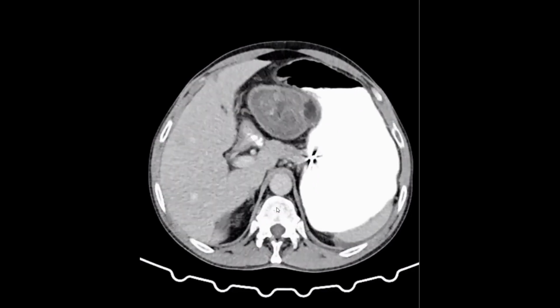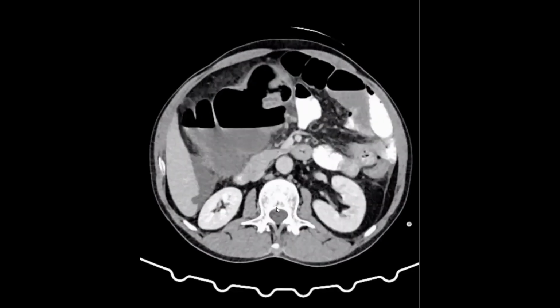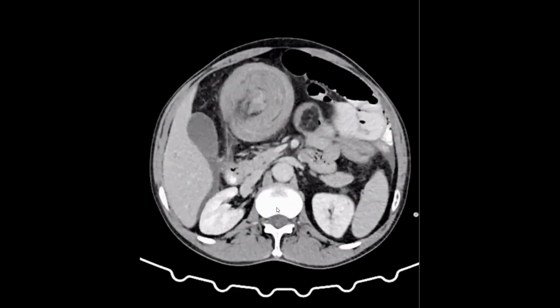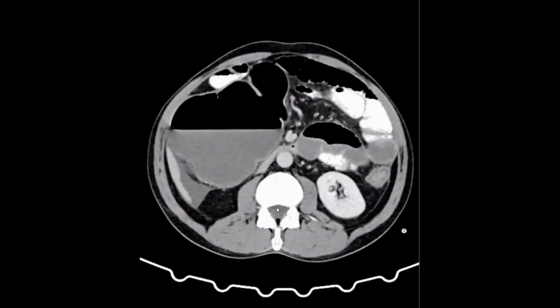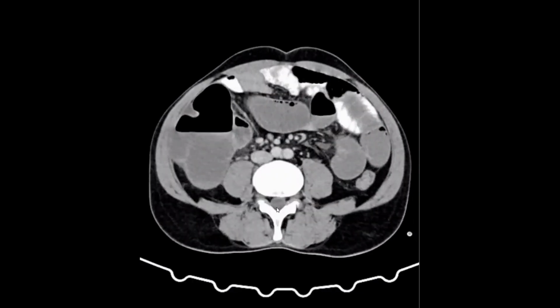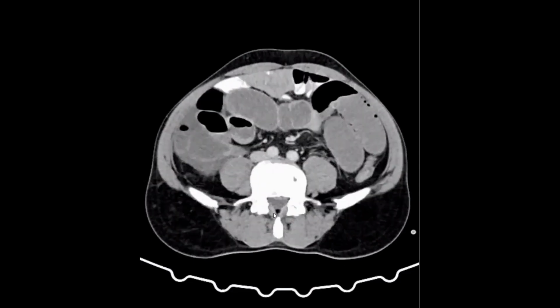Sir, in my routine practice, I also want to check the lung window to see any perforation. But there's significant fat stranding identified. So there is a proximal segment of significantly dilated cecum noted. Ileocecal junction is fine.